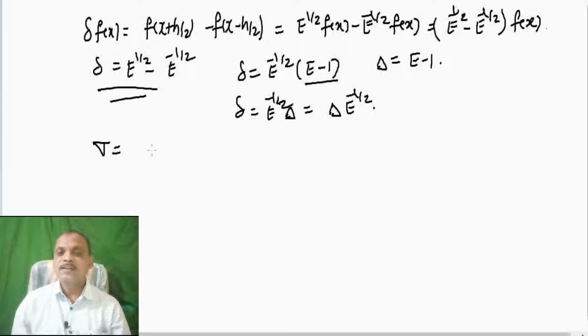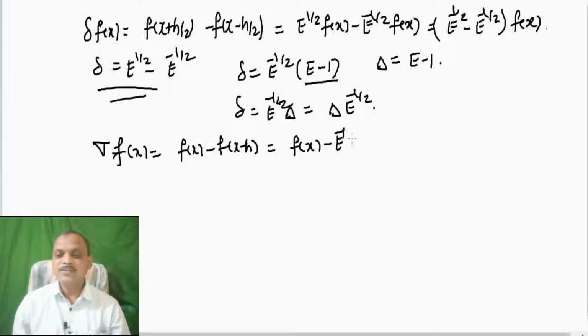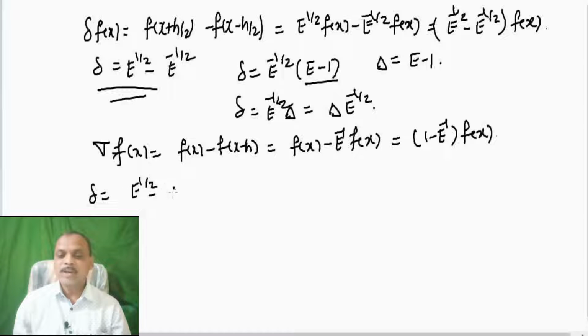Similarly, the nabla backward difference operator of f of x equal to f of x minus f of x minus h, or f of x minus e raised to minus 1 into f of x. We write this as 1 minus e raised to minus 1 into f of x. Again del equal to e raised to 1 by 2 minus e raised to minus 1 by 2.